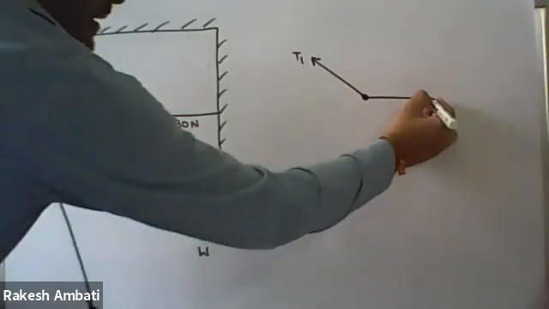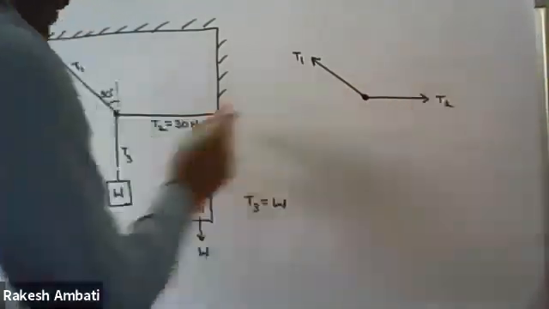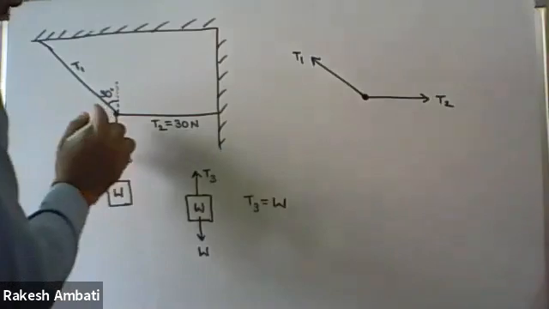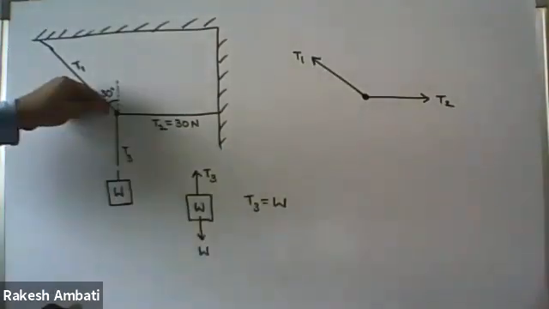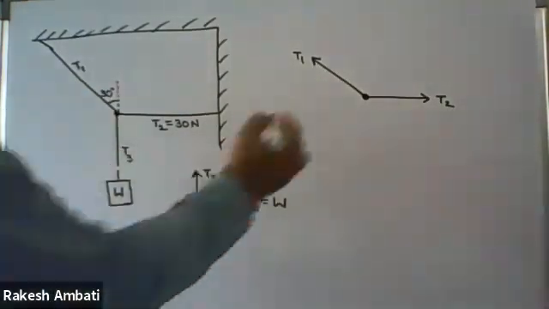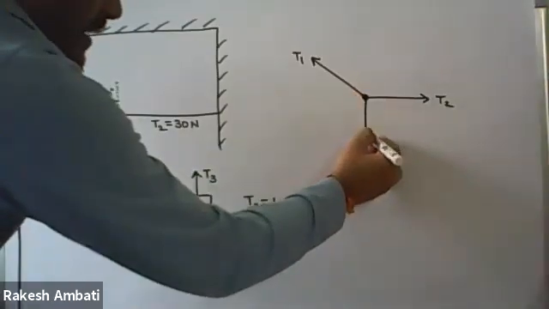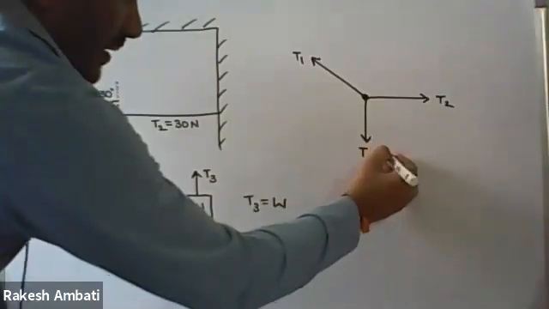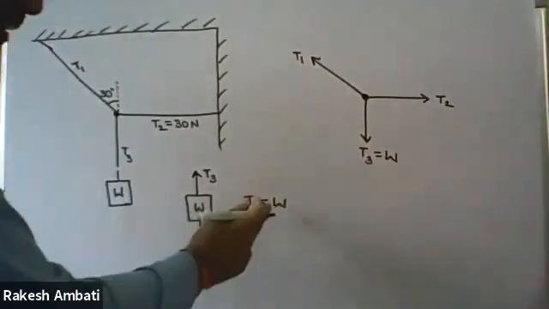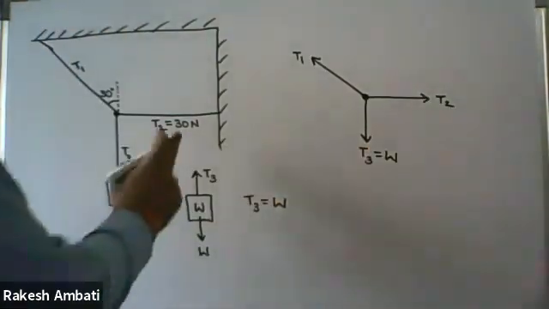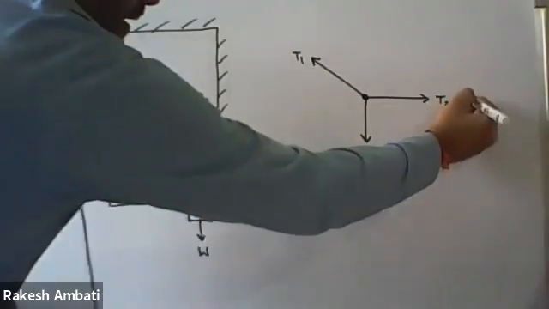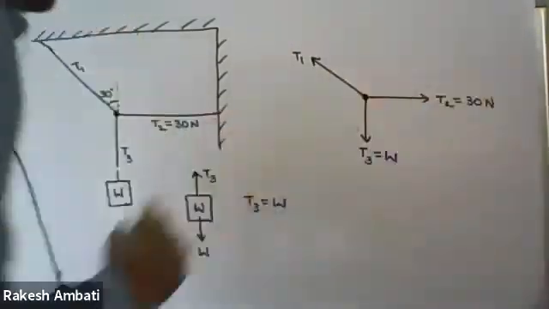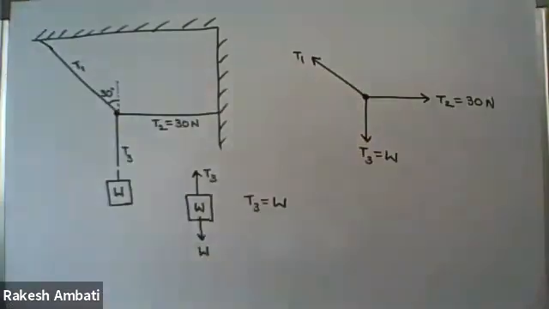Then it is T2 away from the tied point, and T3 away from the tied point. T3 value we already have, that is W, and T2 is already given, 13 newtons.